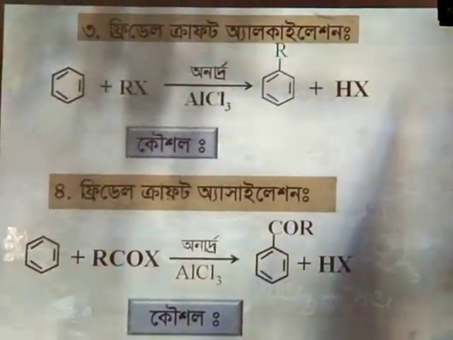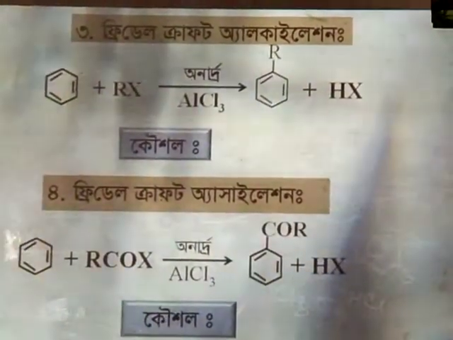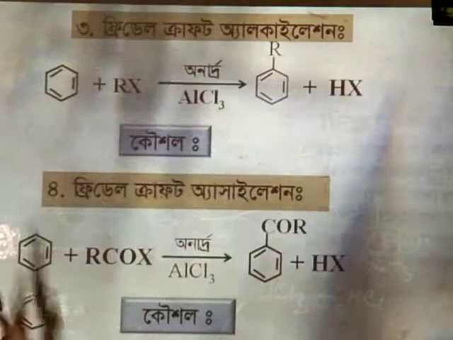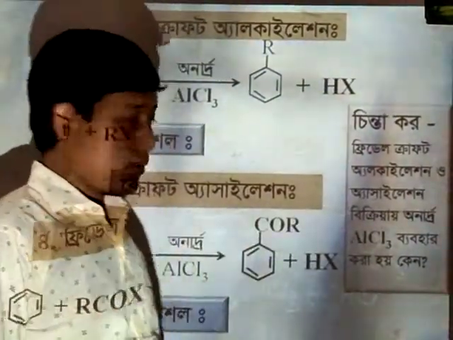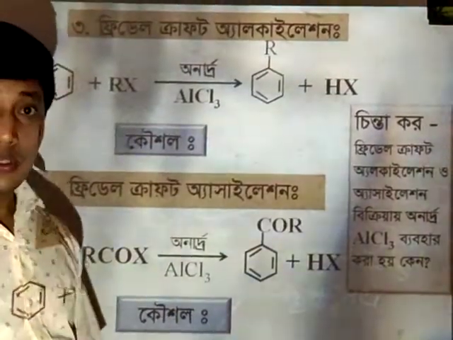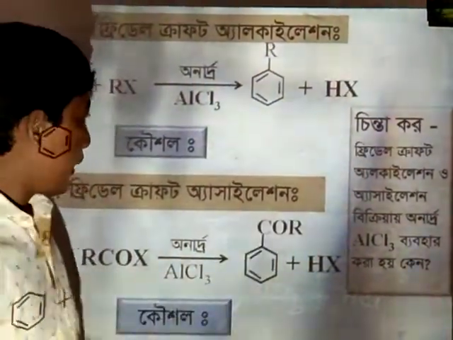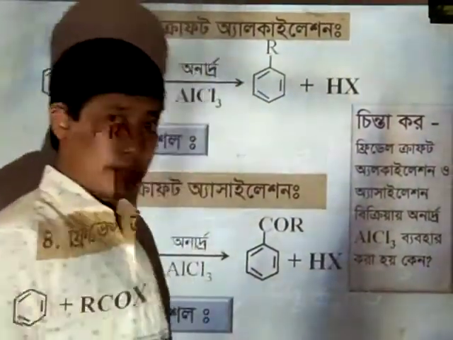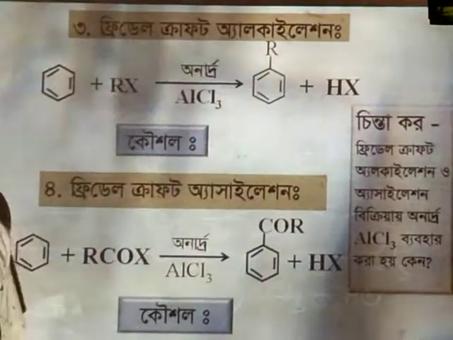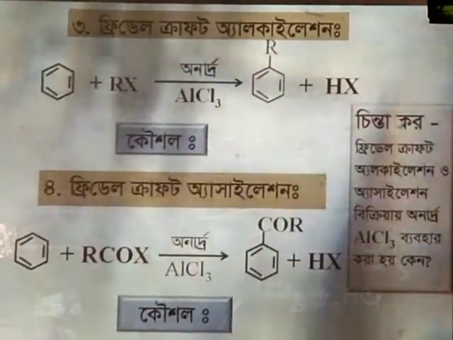This is your homework. I hope you will try at home to write down this mechanism yourself, and think about this question: here we use anhydrous aluminum chloride. In Friedel-Crafts alkylation and acylation reactions we use aluminum chloride. Why? Dear student, please try to give this answer yourself.